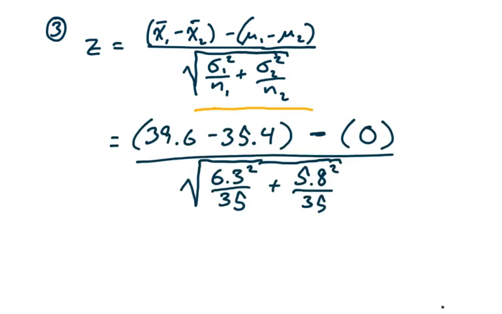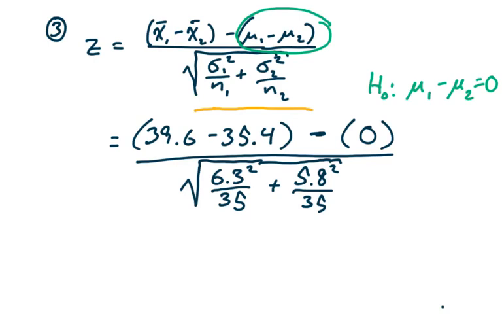All right, so here we are. We have 39.6 minus 35.4, so that is the leisure time hours for the 26 through 35-year-old demographic minus the leisure time hours for the older demographic. And then we have minus 0 here. And remember, this is the reason that I prefer to write it as μ1 minus μ2, because in the null hypothesis, we're saying μ1 minus μ2, the difference is 0.